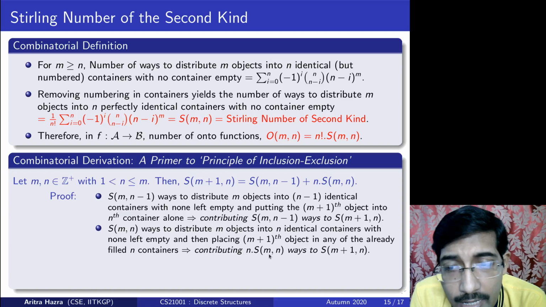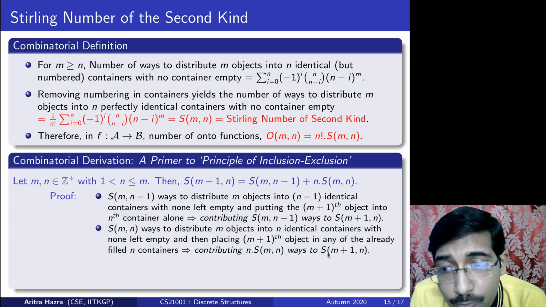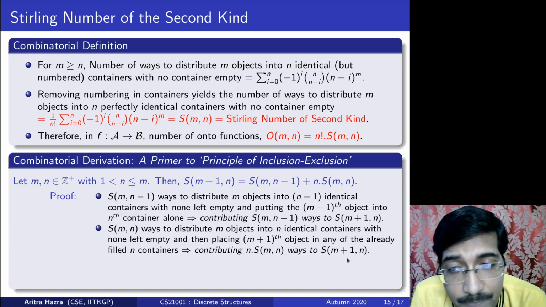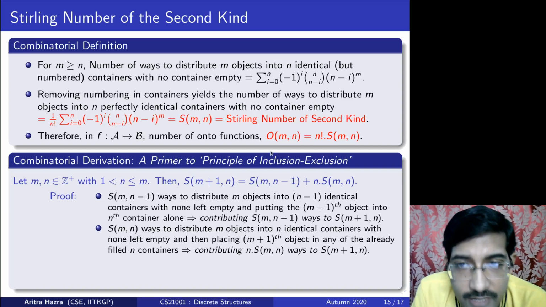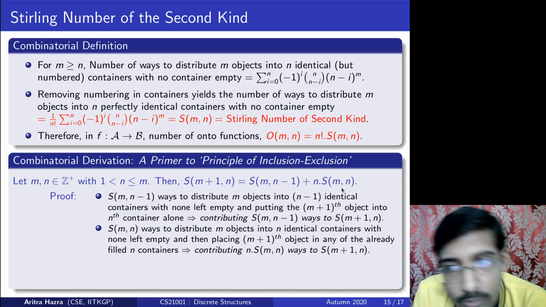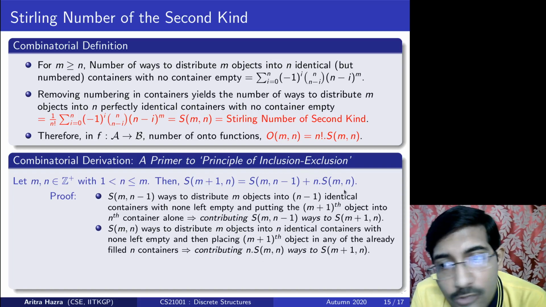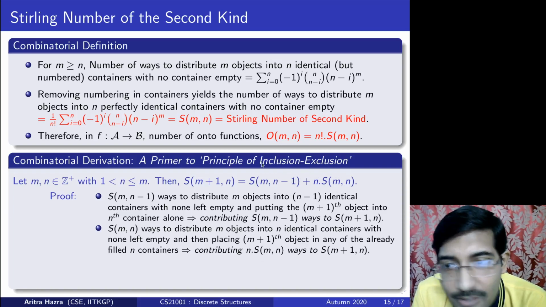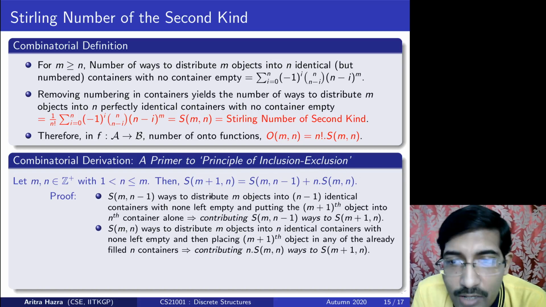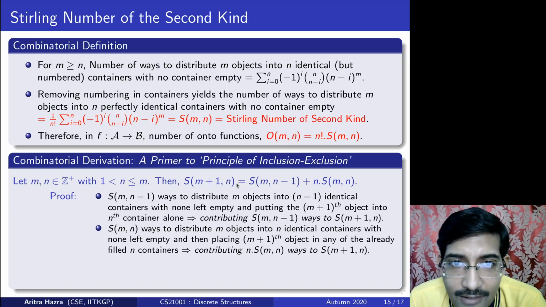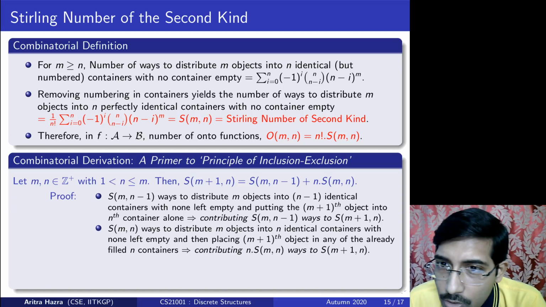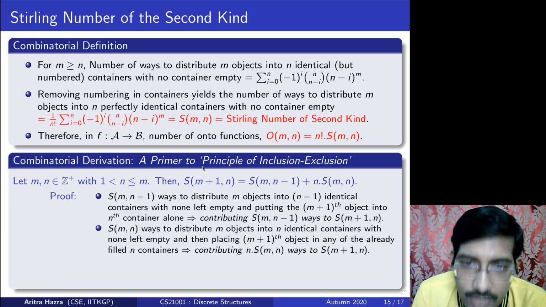So there are n times this many ways to distribute. So we are done. Once we say we will leave aside m plus 1 and give it a new container, or once we say we will not give it a new container and will put it in some existing container, these are the inclusion and exclusion parts of it. So the total sum will be equal to distributing m plus 1 objects into n perfectly identical containers with no container being empty. That is why this formula results.